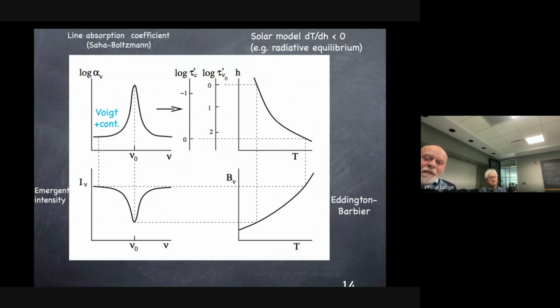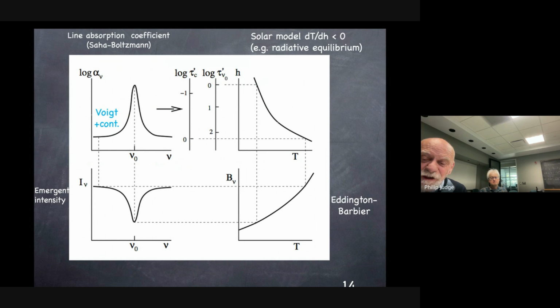Now, there's a reason for this. If we look just at the right-hand side in H and T, you can see the odd situation that if we flip the axes, temperature as a function of height, we would see the same shape there. We would see a drop in temperature with height.